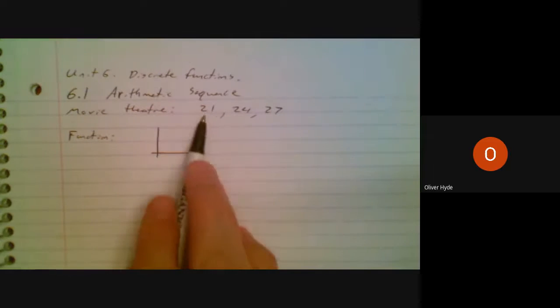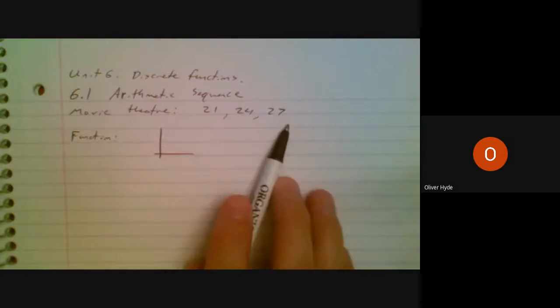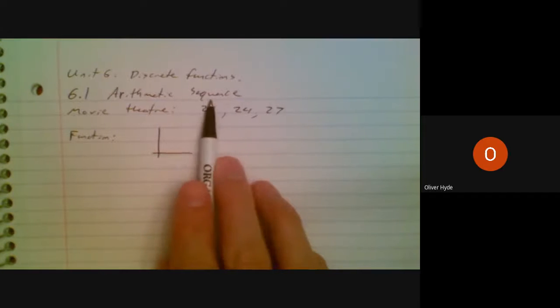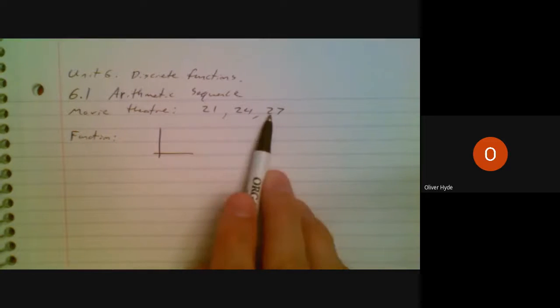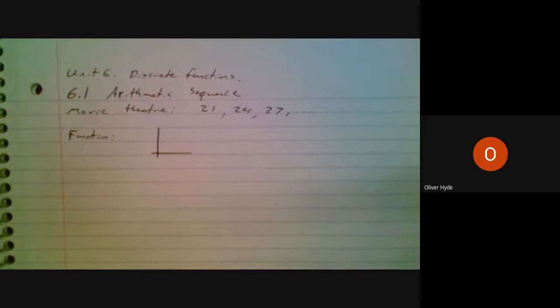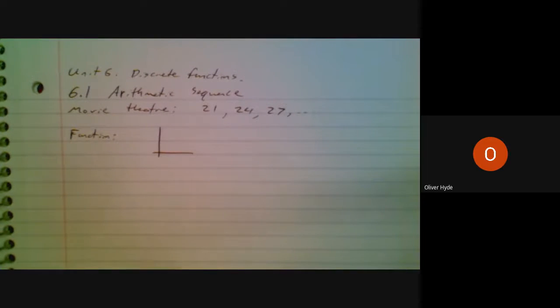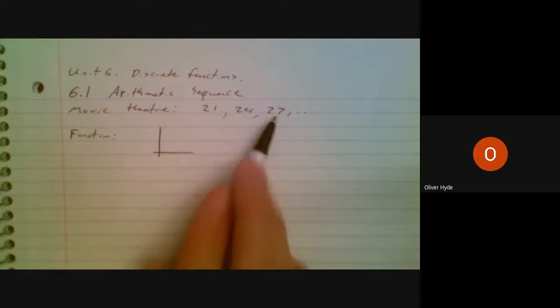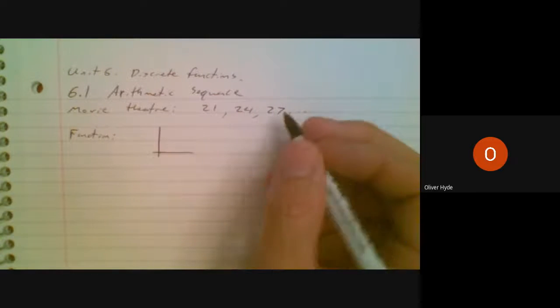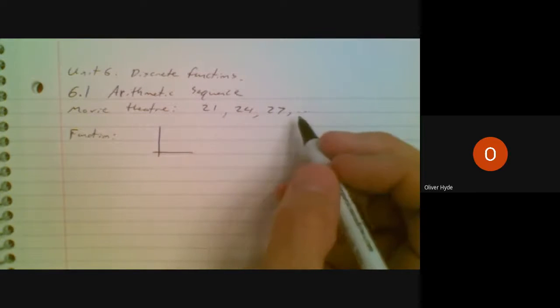So these values that you're seeing in this list, this is another way of defining what a sequence is. It's just an ordered list of numbers. It could be finite in size or it could be infinite in size. We're going to use these values as our outputs. And normally we would say, oh, we'll let that be the number of seats.